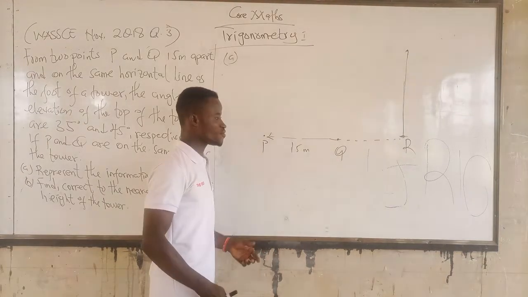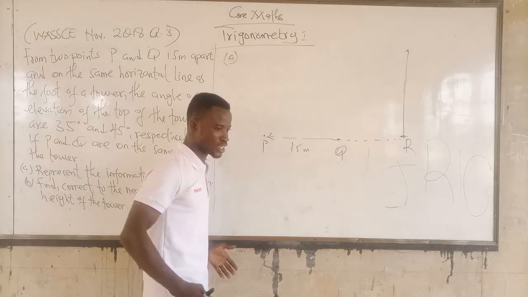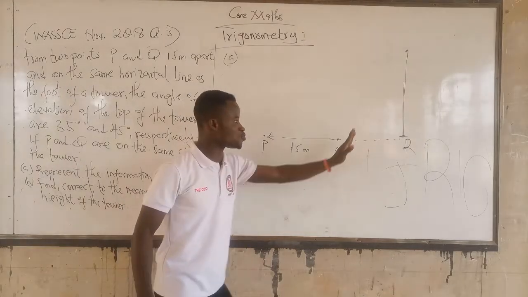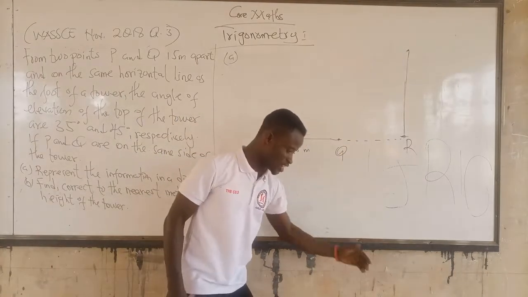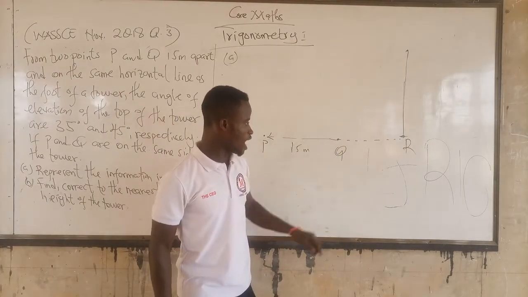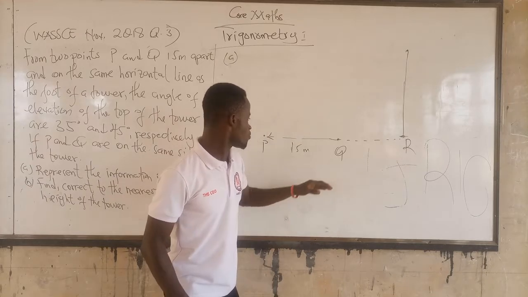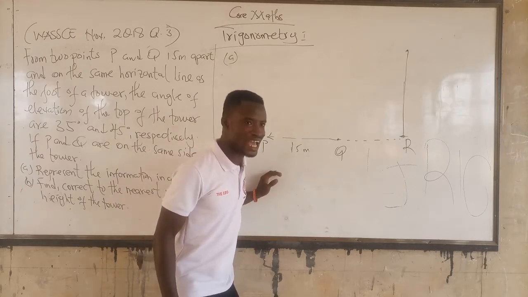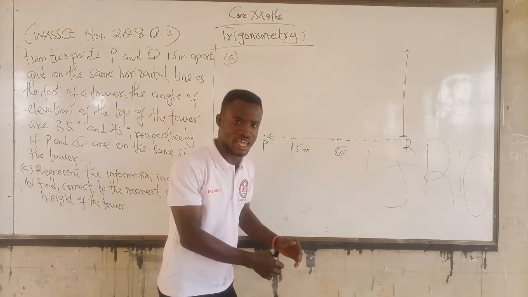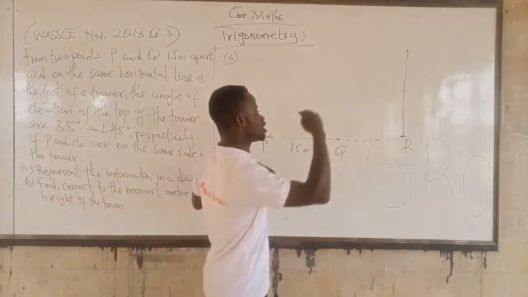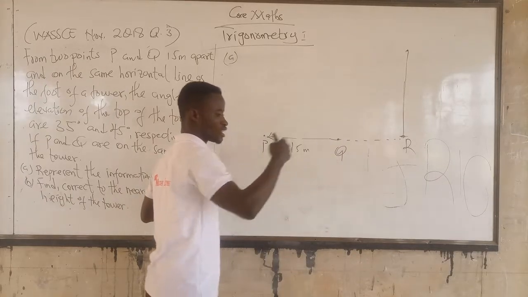Like I said, whenever you are reading this type of question, assume yourself in the question. So there is a pole here, and one guy is standing here called P, another guy is standing here called Q. Now, the first guy and the second guy are all on one side of the tower.